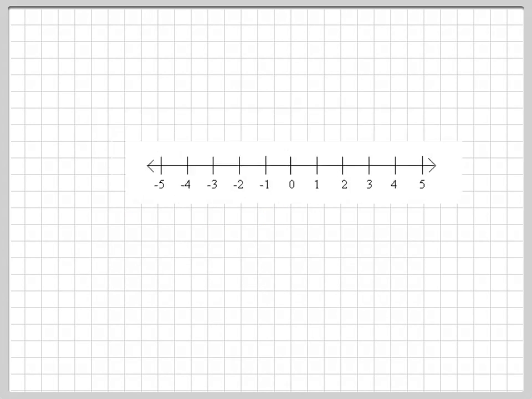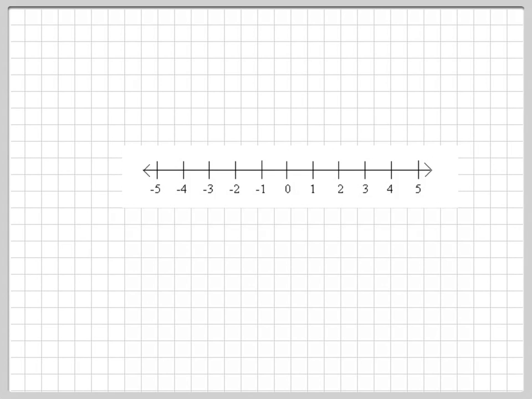Let's do one more, because I didn't show you one that went to negative infinity. So I'm going to draw a line here. Let's have this one go from positive 1 to negative infinity. In inequality notation, I'd say, let's make this filled in right there, x is less than or equal to 1.